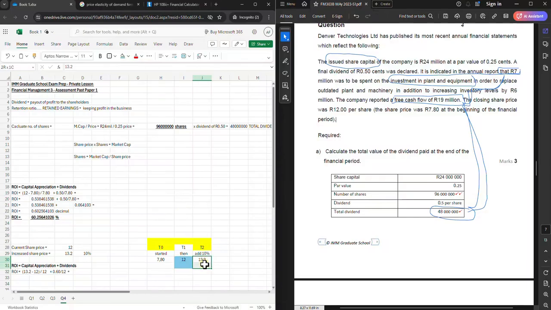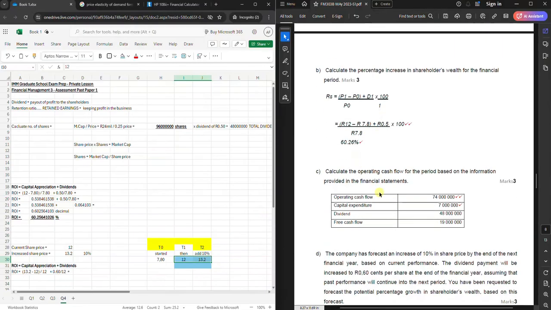It just depends what period you are looking at. Does that make sense? Yeah, 100%. So if I held it for 2 years, I would use that as the base, which is the start. If I'm looking at just this year, then I'm only going to look at those two. It depends on what I'm calculating. Right, makes sense, 100%.